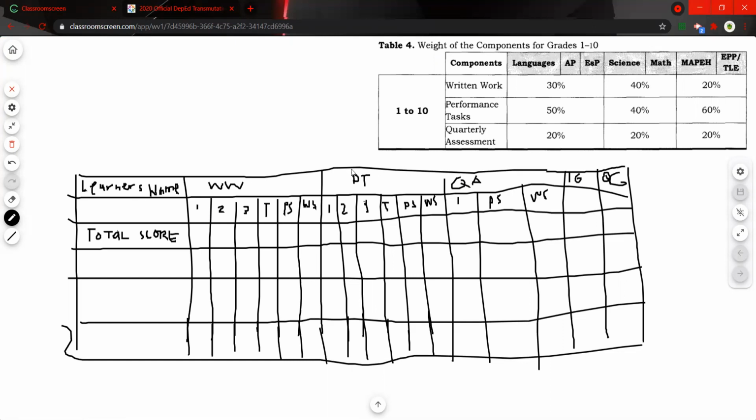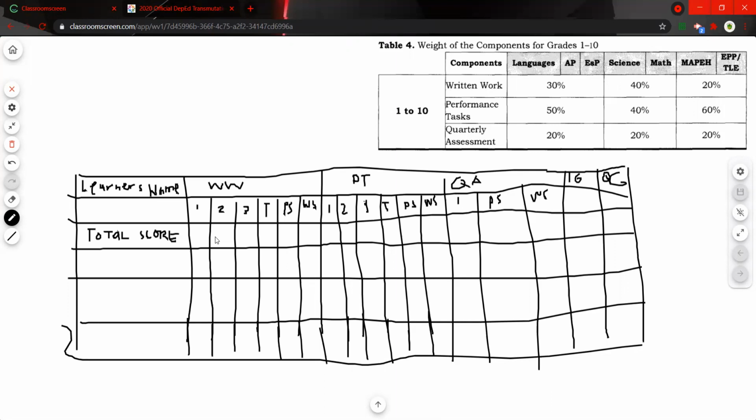Below the first row are the numbers of written works or PTs. I only put a maximum of 3, but you can use more, like 4, 5, 6, depending on how many written works you use. For our grade now, it is a maximum of 3 written works, 3 performance tasks, and one quarterly assessment.